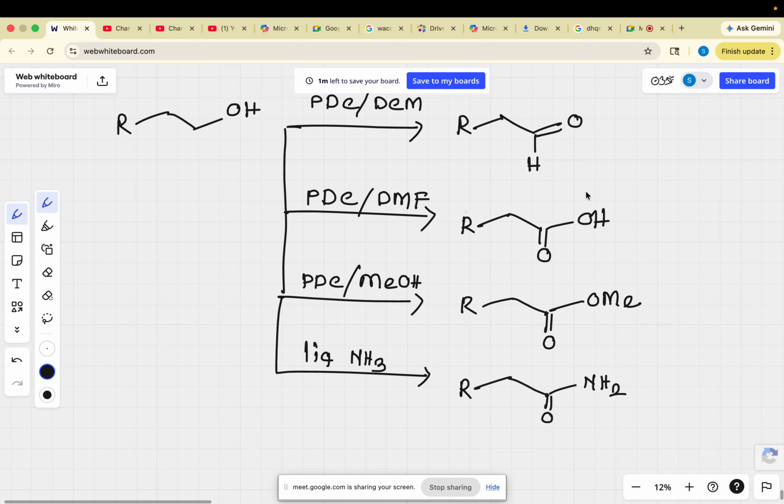So these are the things you will get. PDC in the presence of liquid ammonia gives the corresponding amide derivative. Clear? Done? Done, sir. Clear, sir.